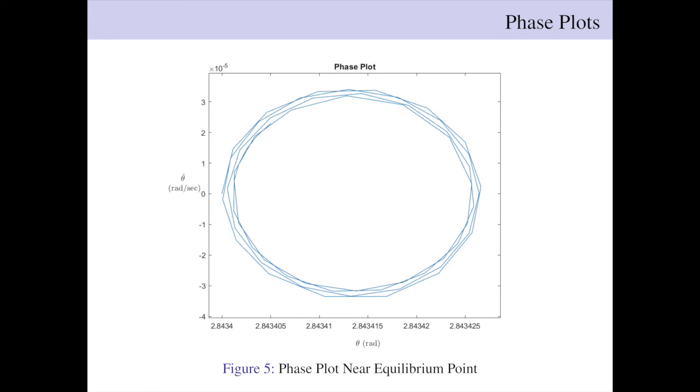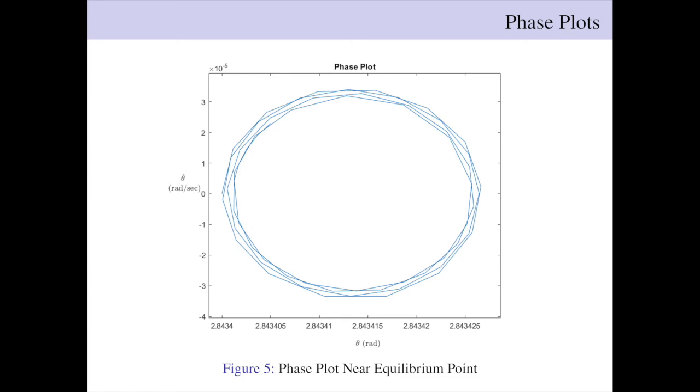We also wanted to analyze the stable equilibrium at the position theta equals pi. Due to a combination of numerical error and the fact that the center of mass changes with position, this equilibrium point is hard to identify. Figure 5 illustrates our best attempt to identify this equilibrium point.